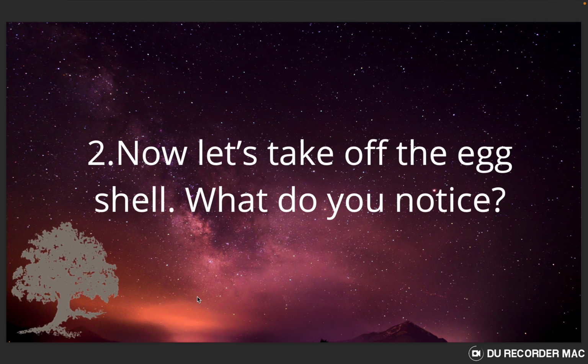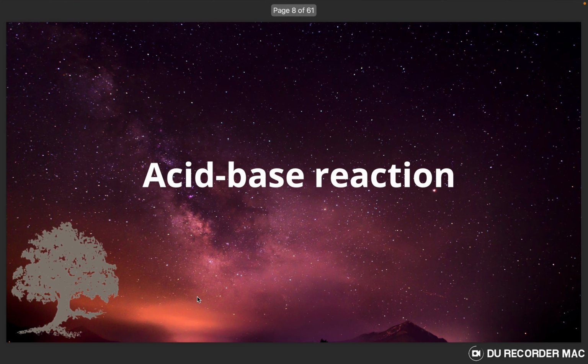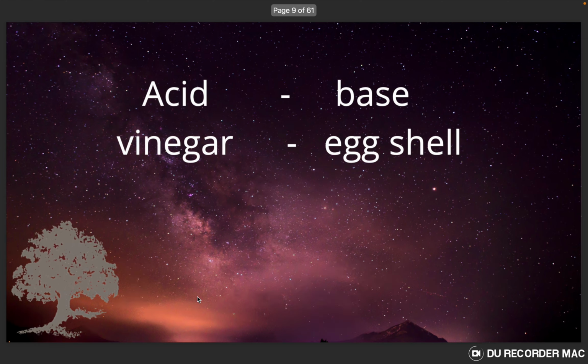Because the vinegar goes to the base. And then, what happens when the vinegar, which is an acid, goes to the base? This is the acid-base reaction.